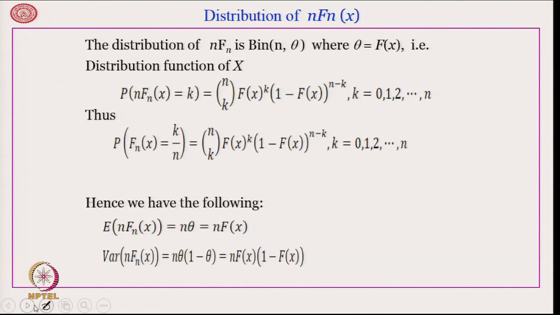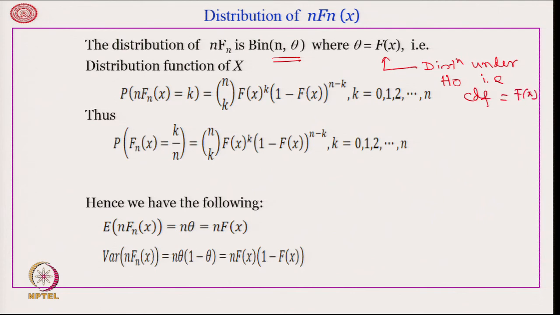What is the distribution of n Fn(x)? The distribution of n Fn(x) is binomial with n and theta, where theta is equal to F(x). What is F(x)? F(x) is the distribution under the null hypothesis, that is, the CDF is equal to F(x).